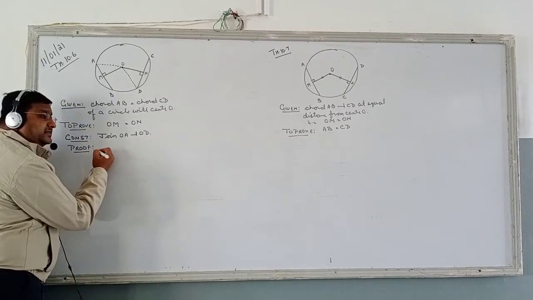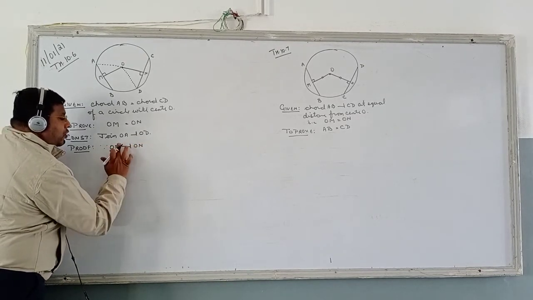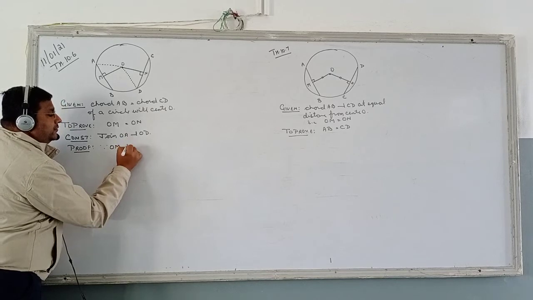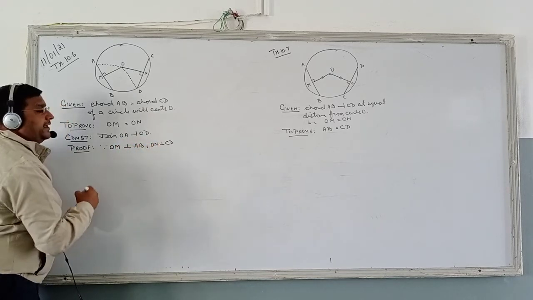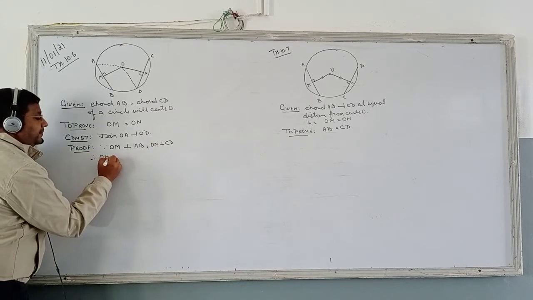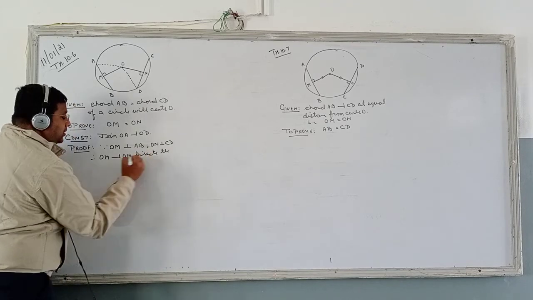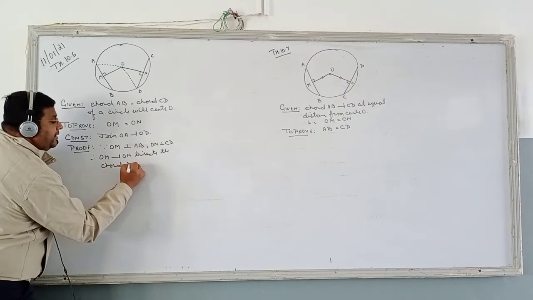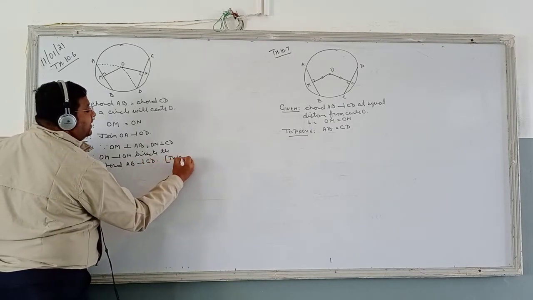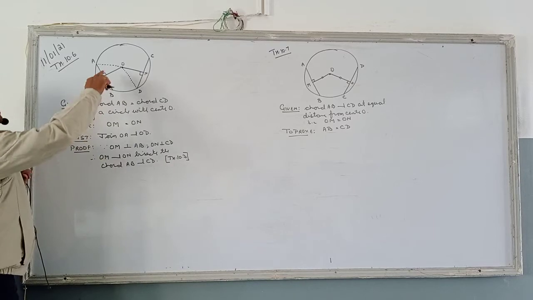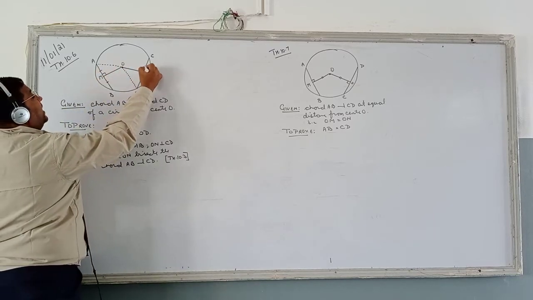So here we write the same thing, because OM is perpendicular to AB and ON is perpendicular to CD, therefore OM and ON bisect the chords AB and CD by theorem 10.3 of your textbook. Perpendicular from the center bisects the chord. AM is equal to BM, DN is equal to CN.